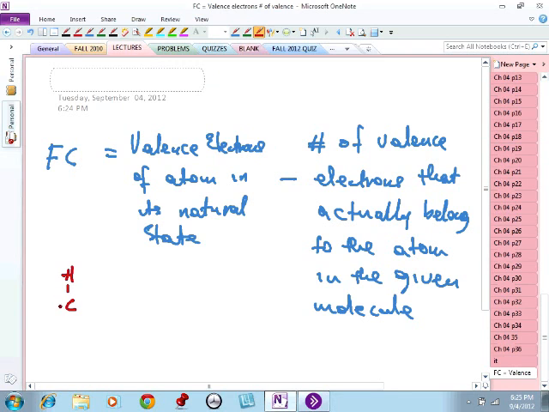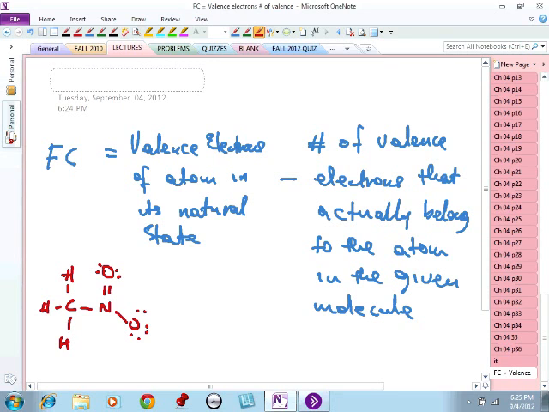Supposing we write this molecule and then we tell you to place formal charges where the atoms need a formal charge.